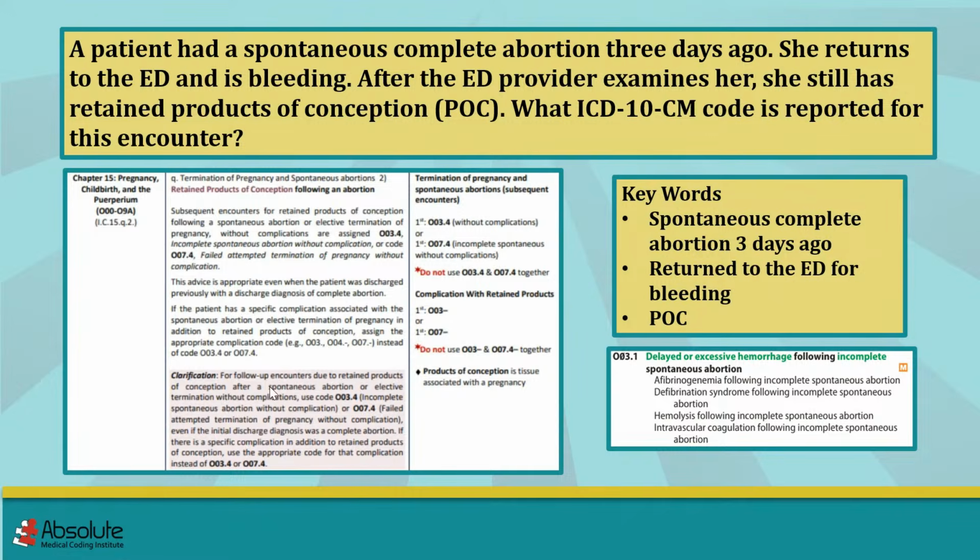So you're going to still use the incomplete, even if it was previously complete, because she's coming back because she still has those retained products. So that is why it was incomplete. So hopefully that makes sense.